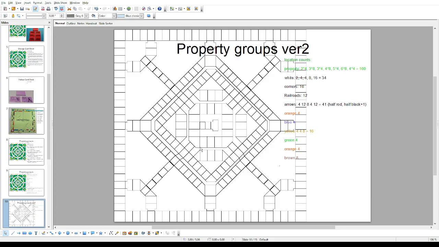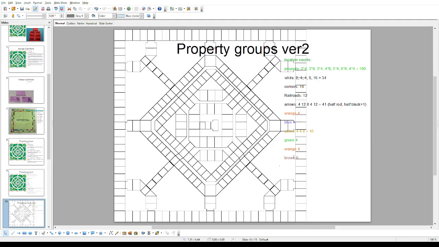I think I'll just put Go in either the top left corner or the bottom left corner, one of the two. Actually, you know what? Screw it. I might do this one too. Have these be Go and these be Go. Whatever. Anyway.